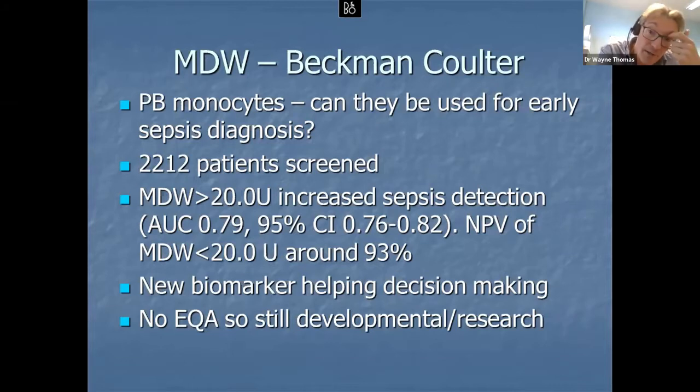A study was done very recently looking at whether that could be used in patients who've got potential sepsis. What they showed was that if the monocyte distribution width is high, that's suggestive, alongside other markers, that this could be an early indicator of sepsis.